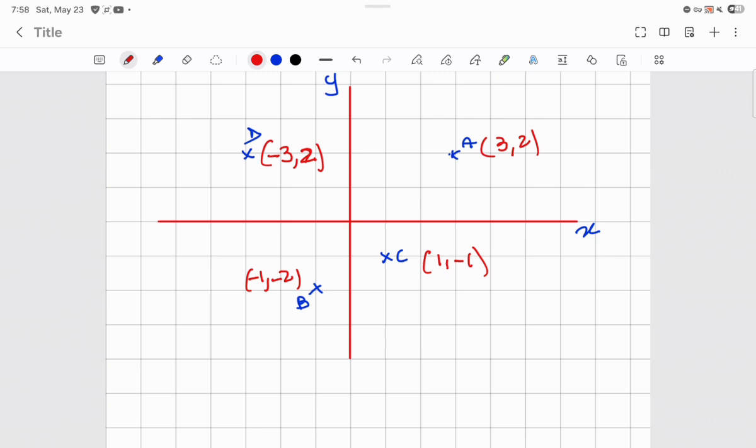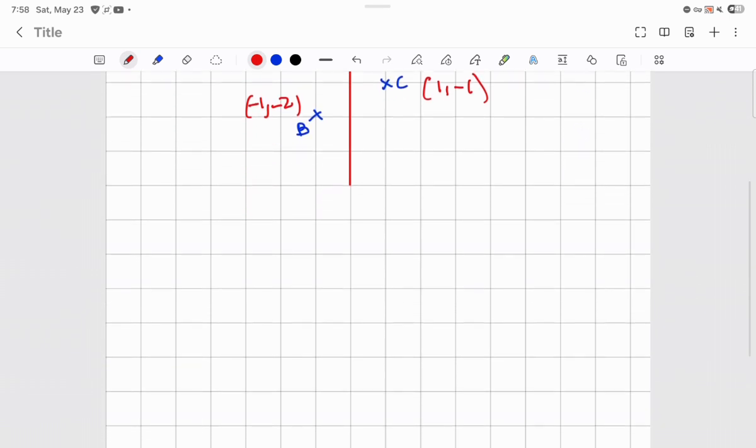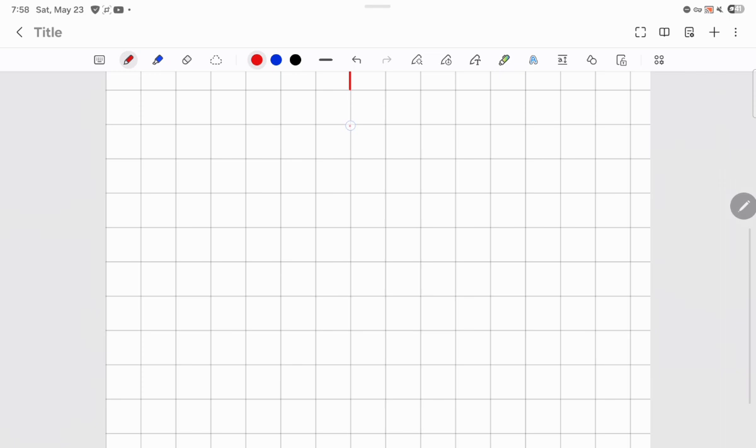Now another thing we need to know is how to draw lines and the equations of the lines. For instance, we have the vertical axis, we have the horizontal axis. Now you can have different kinds of line.